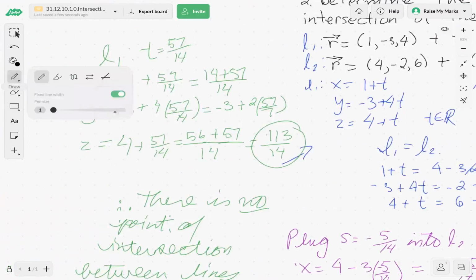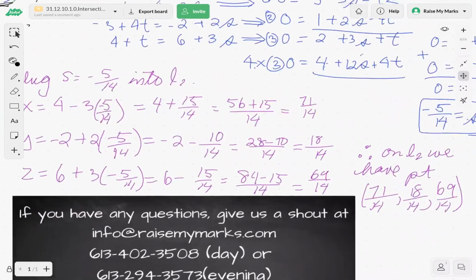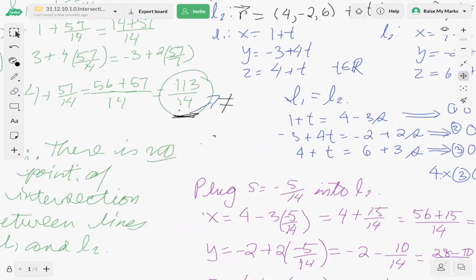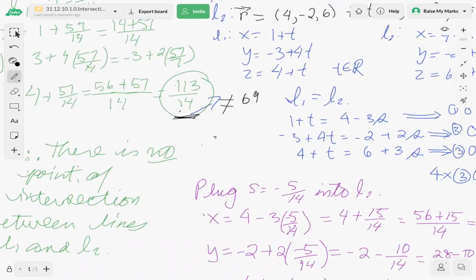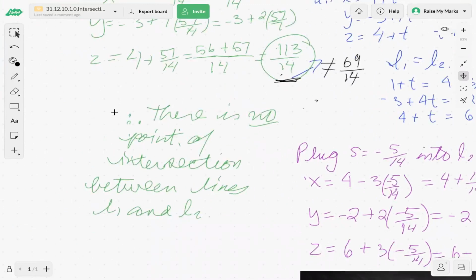We found that the z coordinate was 113/14, and that does not equal the z coordinate for line 2, 69/14. So based on this, we conclude there is no point of intersection between lines L1 and L2.